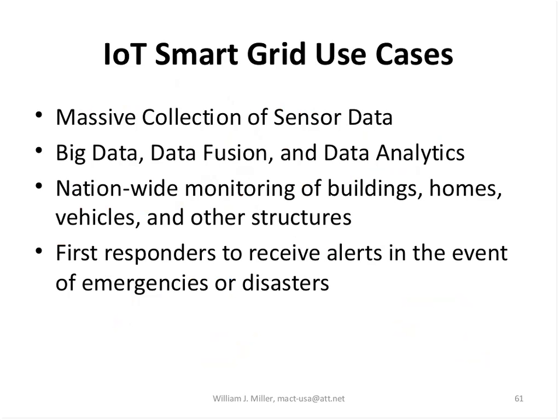Nationwide monitoring of buildings, homes, vehicles, and other structures is all part of the Internet of Things. And of course, first responders, I mentioned earlier, receiving alerts and providing information during times of disaster or public emergencies. This also stresses the networks when we need them available. Next slide.